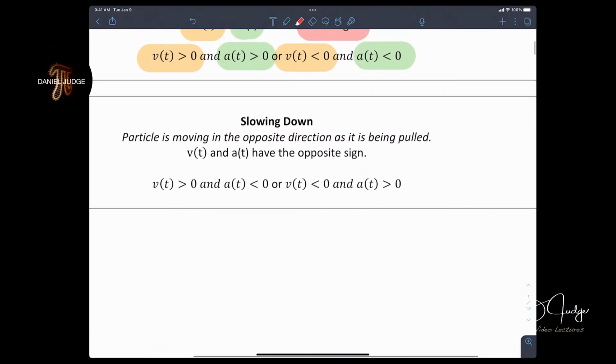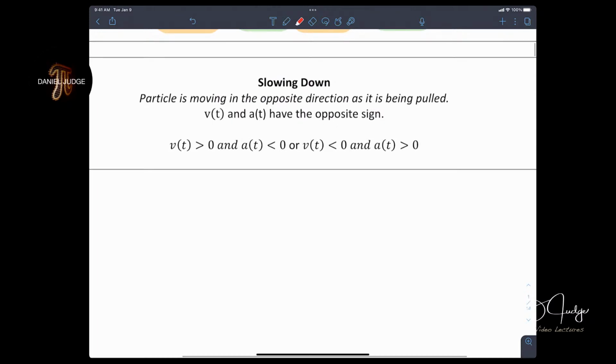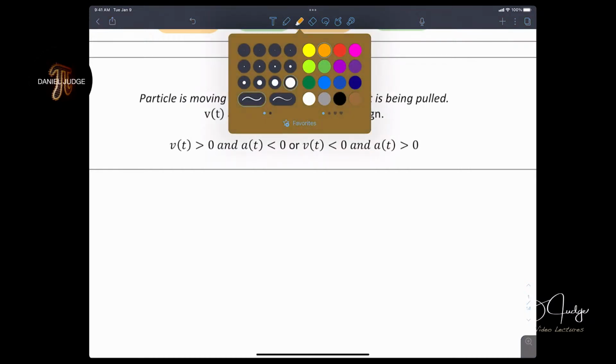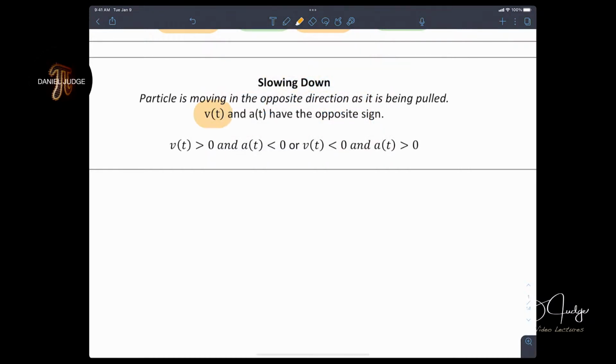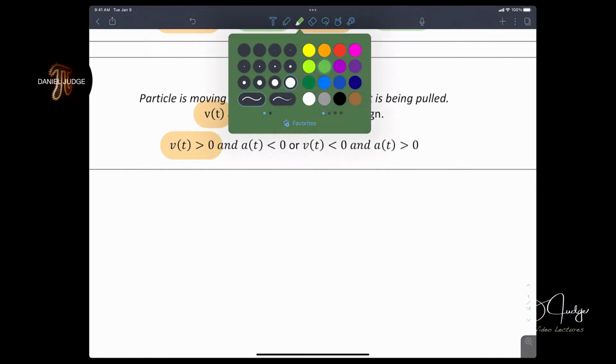Similarly, for slowing down, a particle is moving in the opposite direction as it's being pulled or pushed, the force. Again, velocity gives you the direction the particle is moving. Positive velocity, the particle is moving in the positive direction, to the right or up, depending on the nature of the problem.